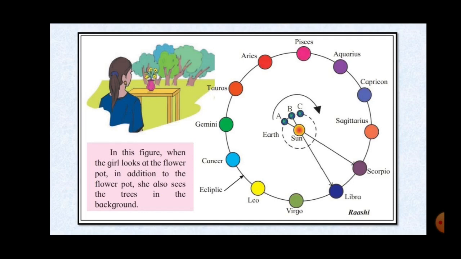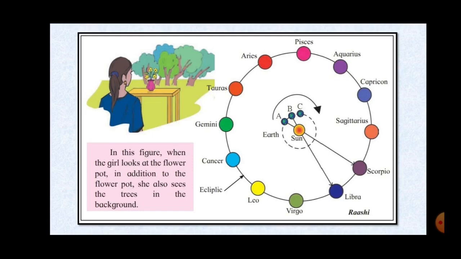Now here in the first picture, you can see a girl who is looking at the flower pot and there are trees in the background. So when she is looking at the flower pot, she is also seeing the trees which are in the background. Now similarly, when we observe the sun, we not only look at the sun, we also look at the constellation which is behind the sun.